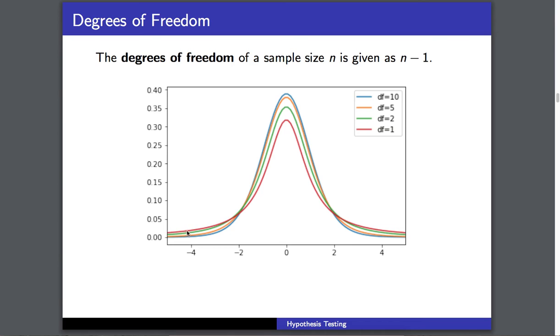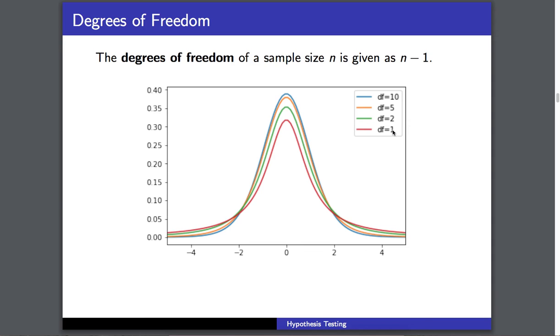So here we have some Student's t-distribution graphs. The red graph here is a degree of freedom of 1, and right above it is a degree of freedom of 2, then above that in orange is 5, and then in blue is 10. It's very similar to our normal z distribution graph, but the shape of the Student's t-distribution is affected by the sample size, because it's affected by the degrees of freedom, which again, we get by taking 1 away from our sample size.